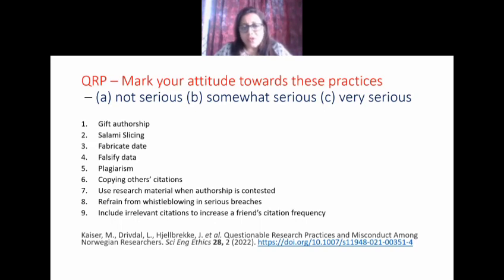Sorry, the third point is not date, it is data. There are 3 points coming one after the other. Altogether, we'll call it FFP: fabricate, falsify, and plagiarism. Fabricating is you're creating data, it doesn't exist, you're making one. Falsifying is you have the data in hand, you're choosing what is necessary for you.